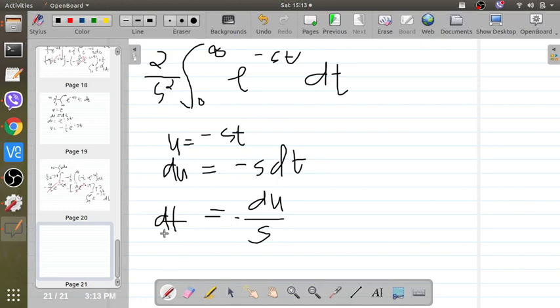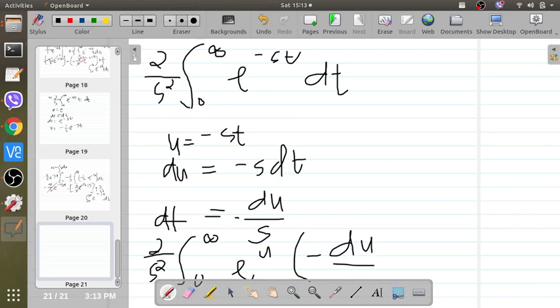So 2 over s squared times the integral from 0 to infinity of e raised to the power of u times dt, which is negative du over s.